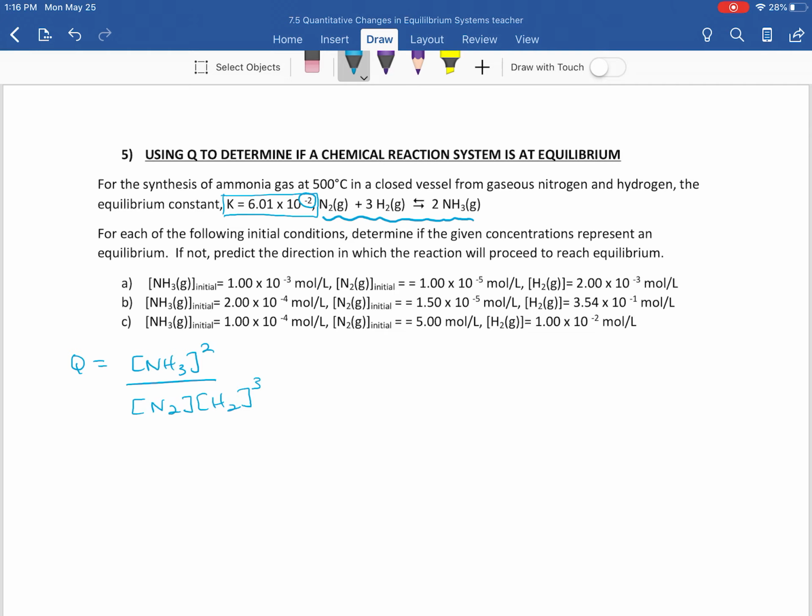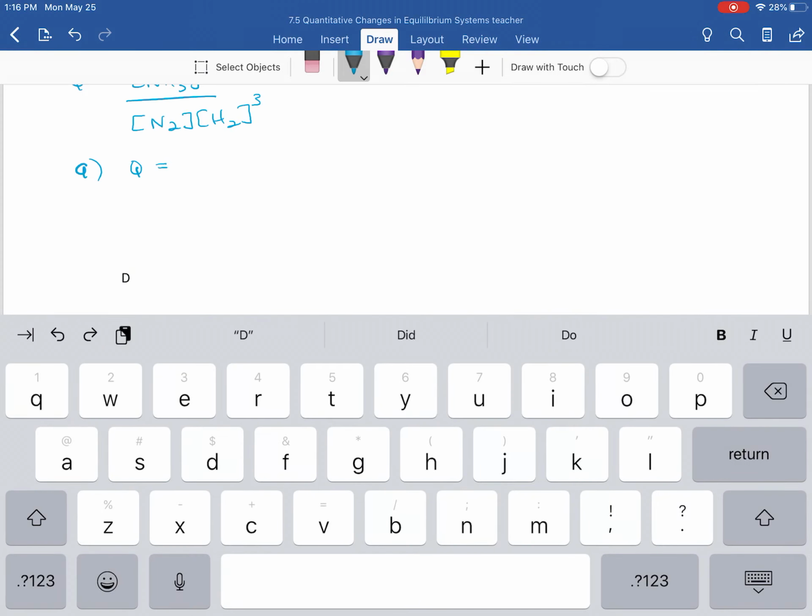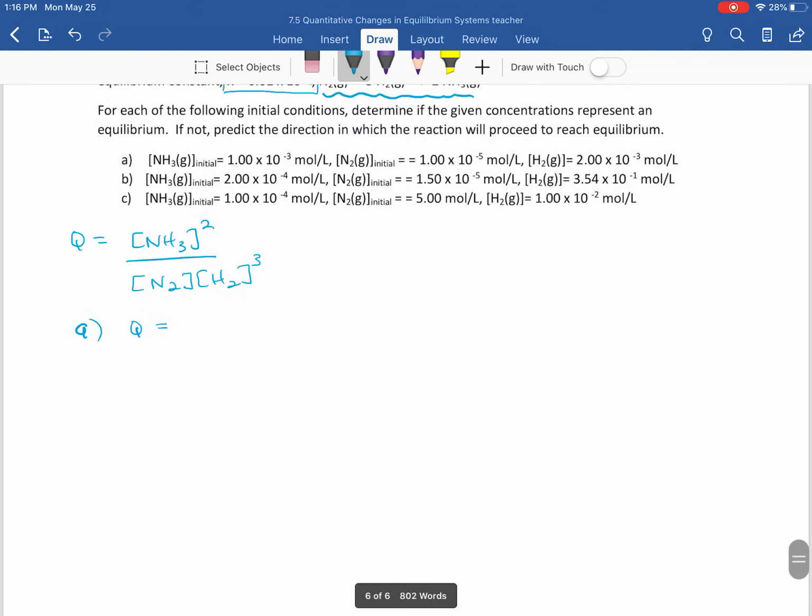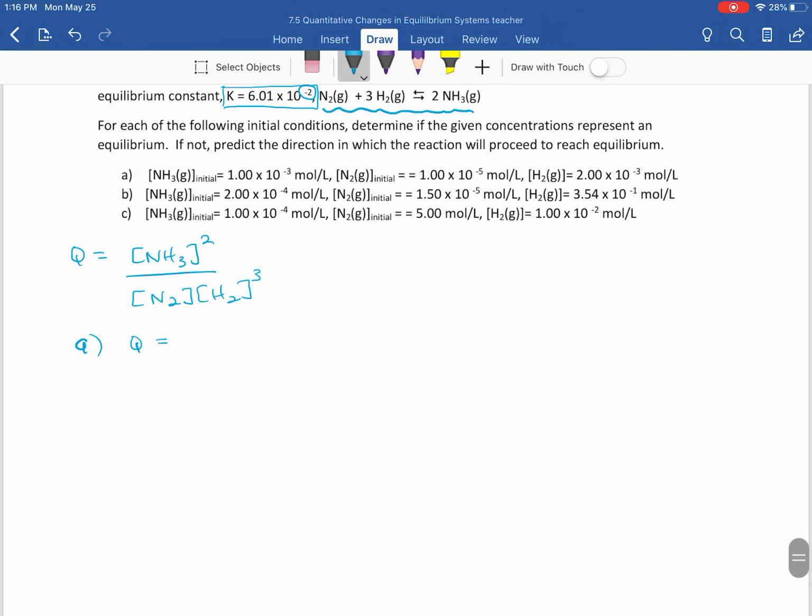For our purposes, for A, if I look at Q, I'm going to use my NH3.